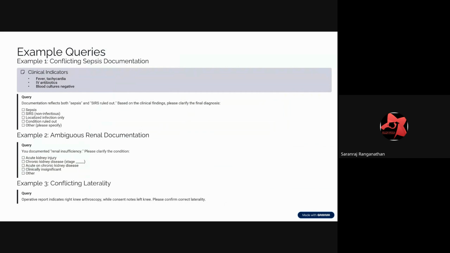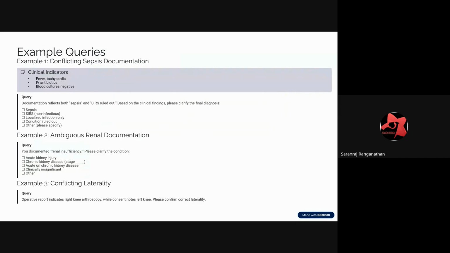So now you are not clear, because fever, tachycardia, and IV antibiotics, these three can be related to sepsis, and not only sepsis, but also MRSA, methicillin-resistant conditions, and some other infections. Now I am giving the choice to the physician, because I just cannot tell him the condition.